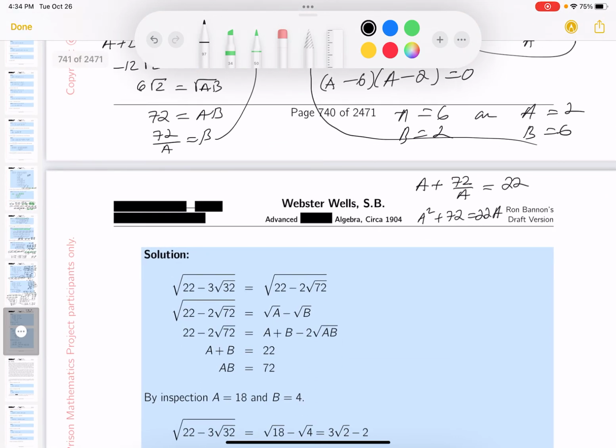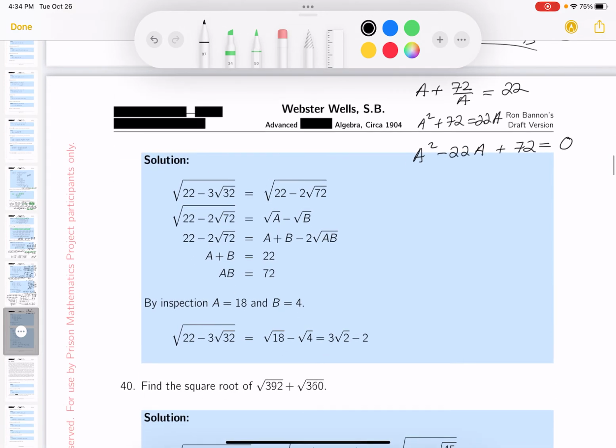Let's see what I get over here. A squared minus 22A plus 72 equals 0. All right, let's take a look at that. And I got to factor that, right?